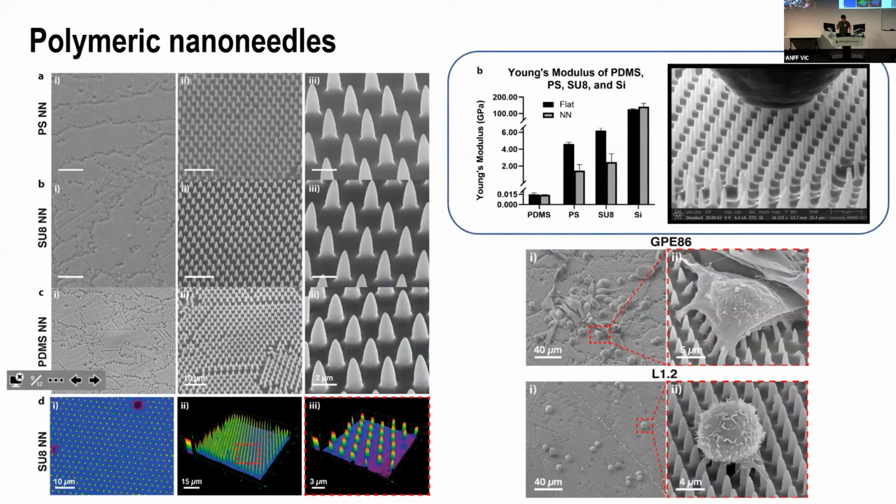With this system, we are able to fabricate three different types of nanoneedles with the same geometry but different stiffnesses, which is measured by nanoindentation, shown in the video on the right. After that, we can interface our nanoneedles with two different cell types, GP86 and L1.2, which show different spreading, or retaining a globular shape, on the nanoneedles.